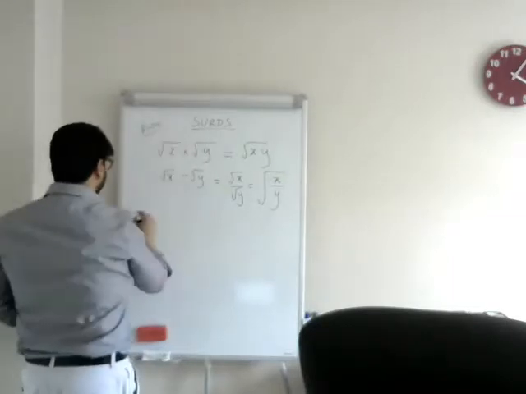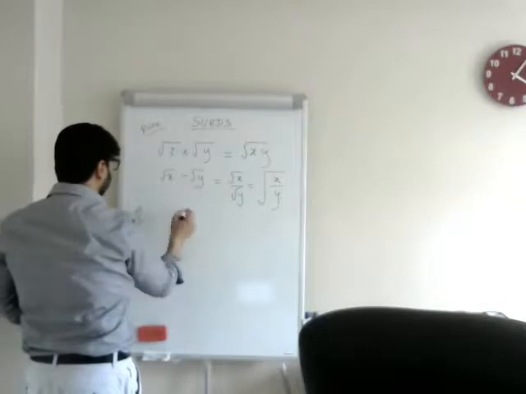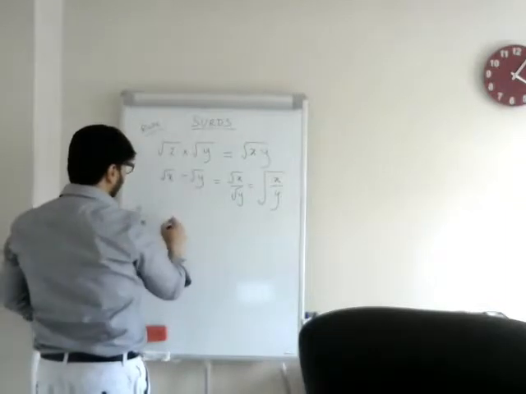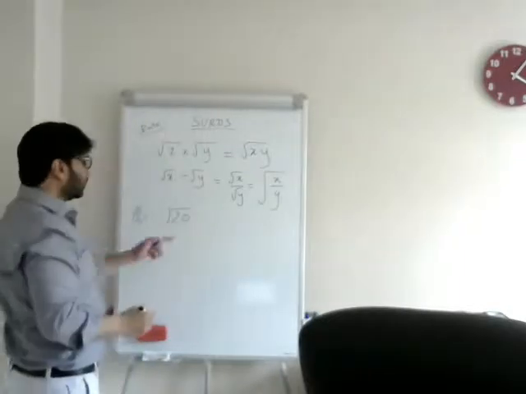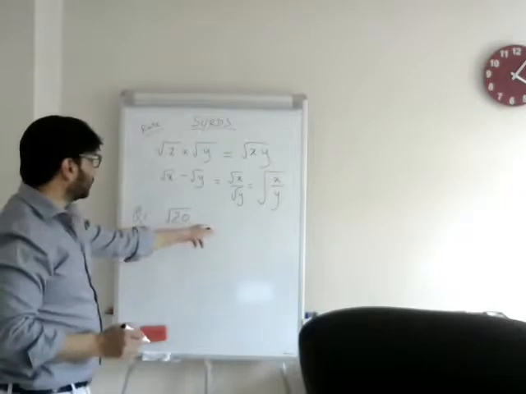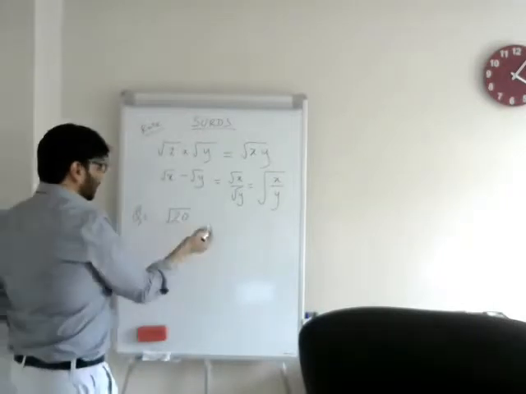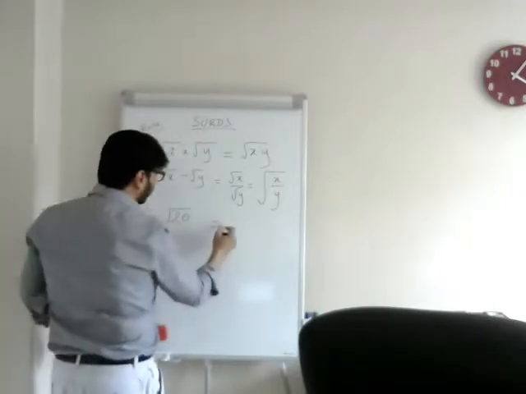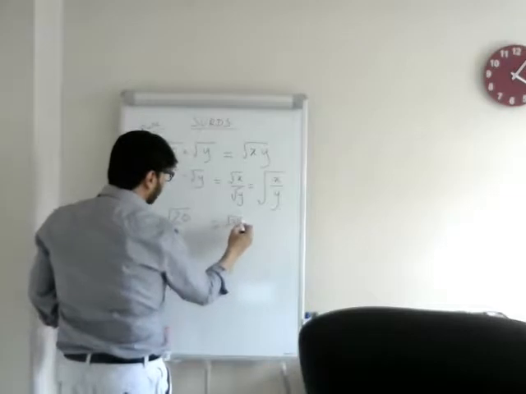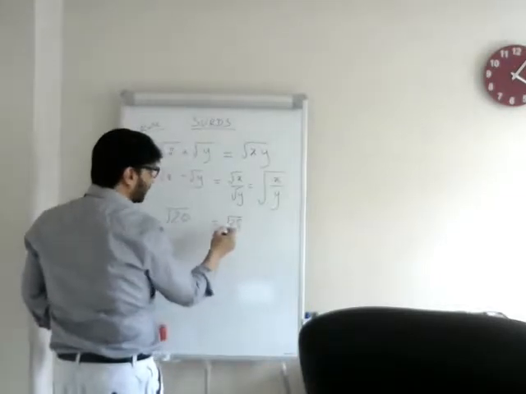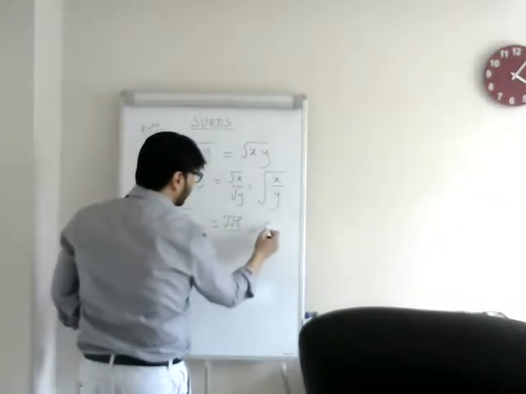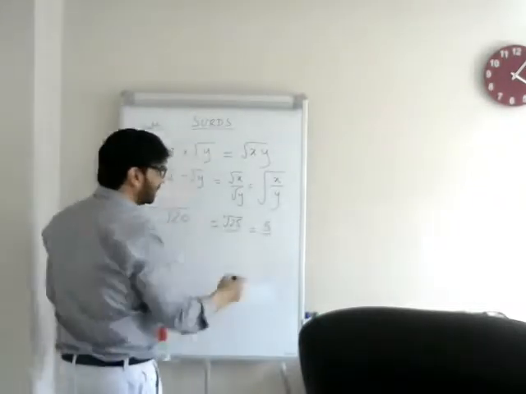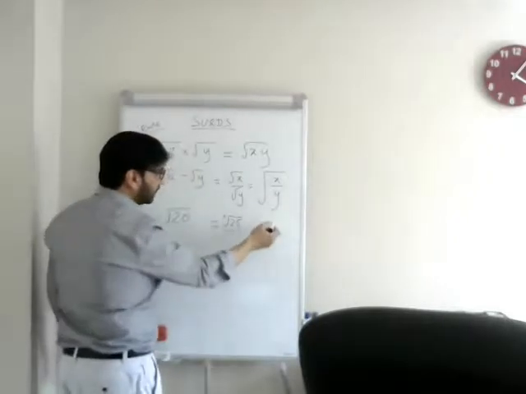So let's take a simple question, for example, the square root of 20. We know it's not similar to 25, where the square root of 25 is 5 and we leave the answer as a whole number.